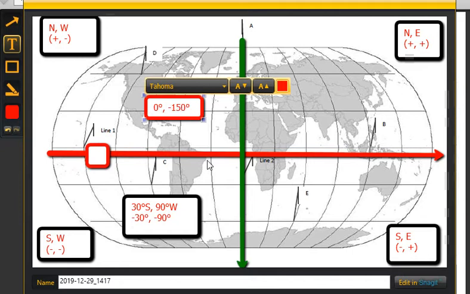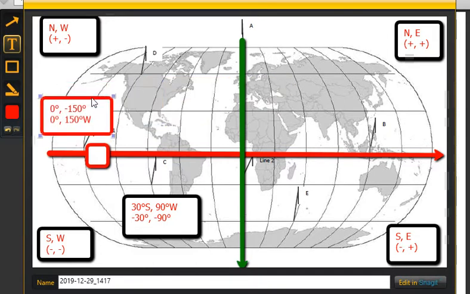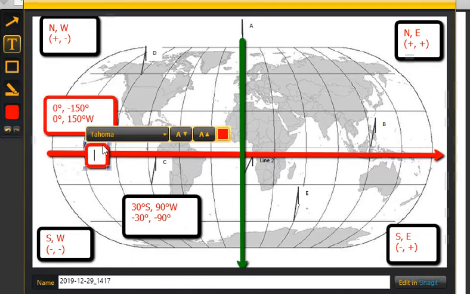And another way to write that then would be 0, 150 west. Either of those would be correct if I asked you to give the location of that line.